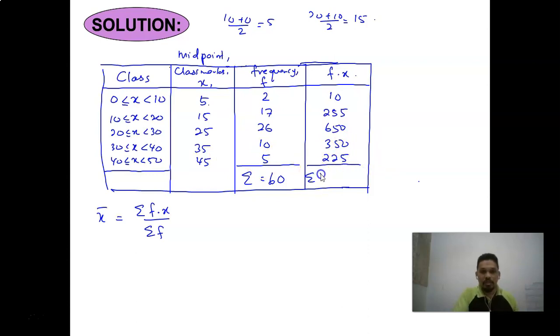So the summation of fx equal to 10 plus 255 plus 650 plus 350 plus 225 equal to 1490. Then summation of fx, 1490, divided by summation of f equal to 60. Then it is equal to 24.83.